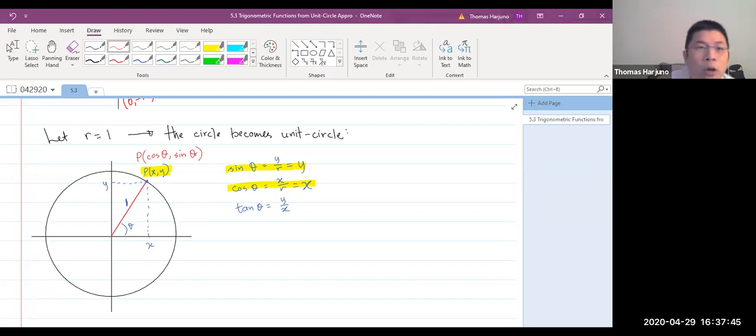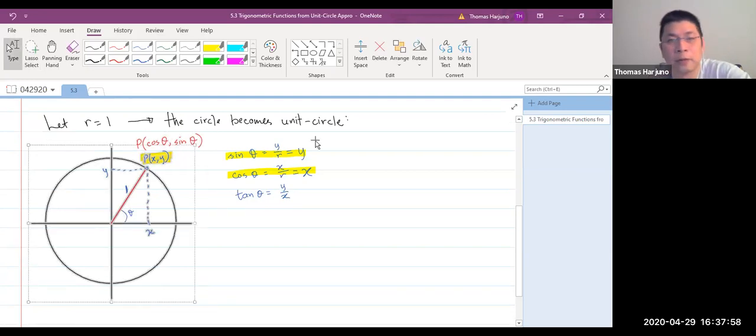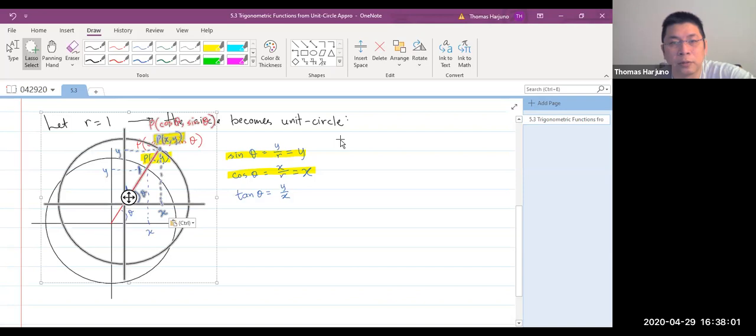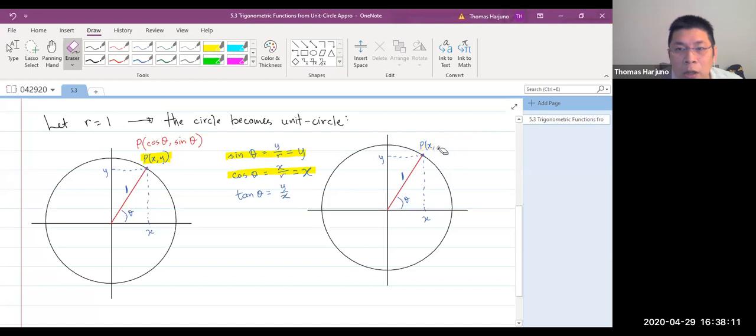So for example, it is given to us that it's a unit circle, and the central angle is theta.